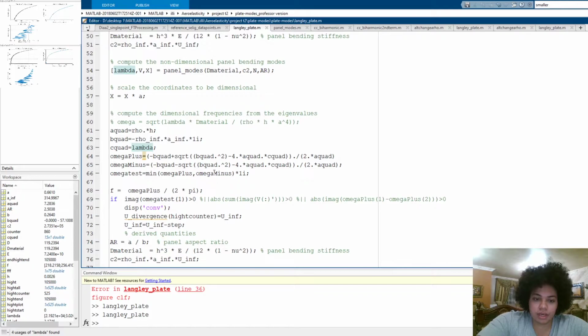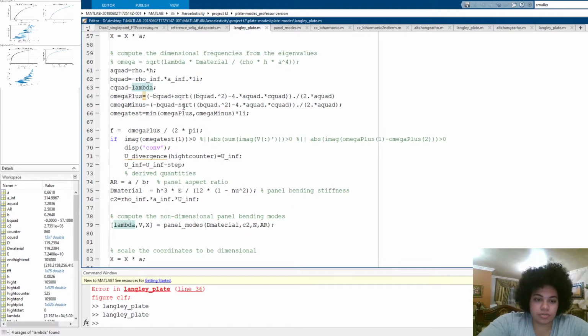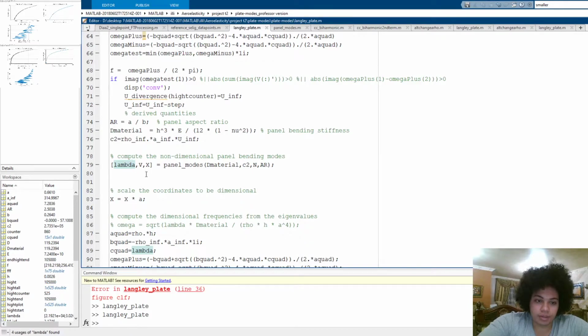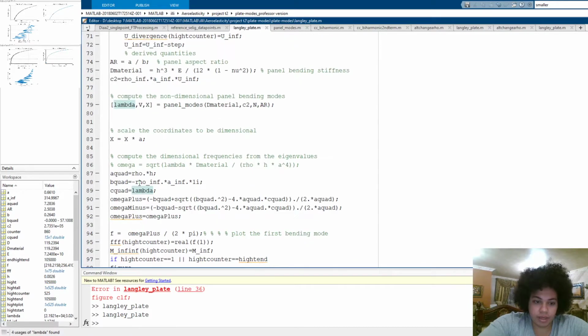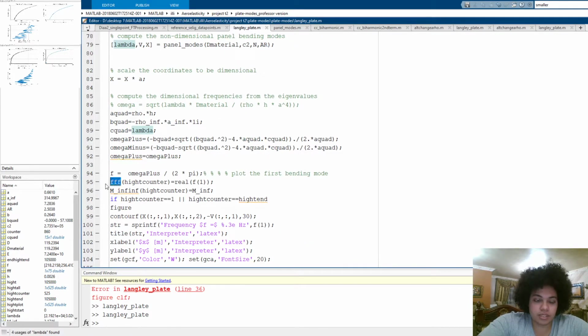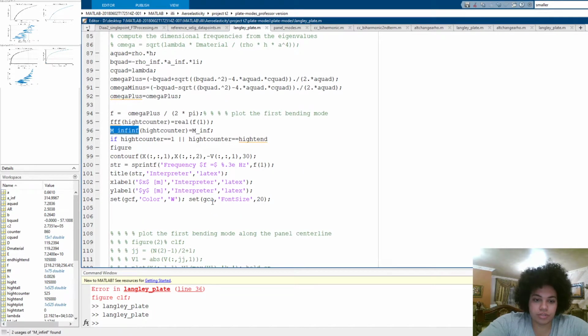If it satisfies what we want, we have a negative sign, so here we test the imaginary part of omega. If it's bigger than 0, then our solution diverges, and this is the flutter velocity. For this we calculate the eigenvalue and eigenvector and save them, and then calculate the frequency and save it, and the Mach number and save it, and we also save the velocity at which this happened.